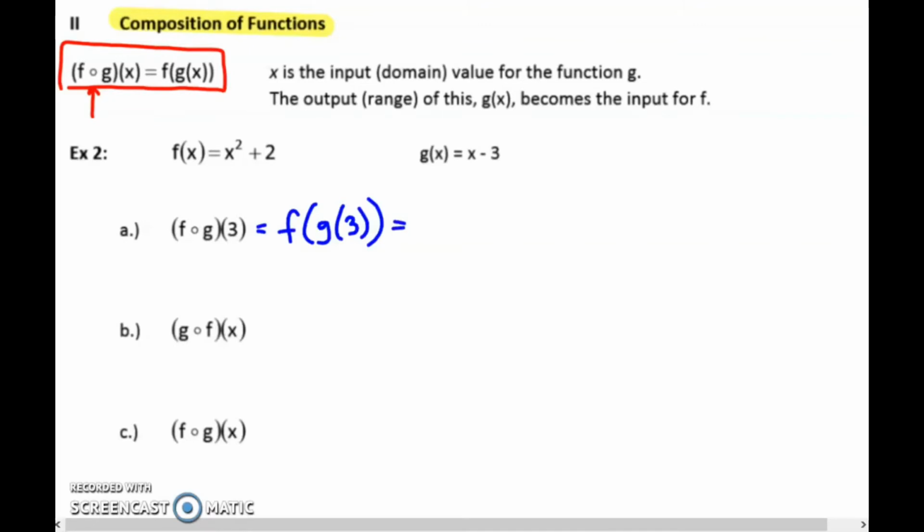First thing I want you to do is write down f of parentheses. And then the f function says to take something squared and add 2. So I'm kind of doing this in a slightly different order, but to show you the process. First thing we have to do here is evaluate g of 3.